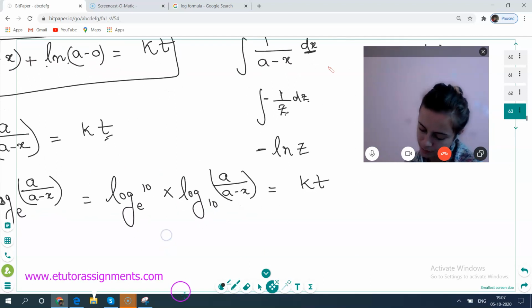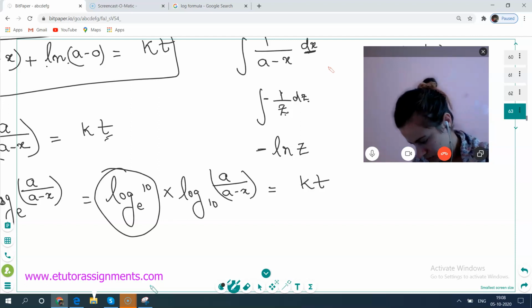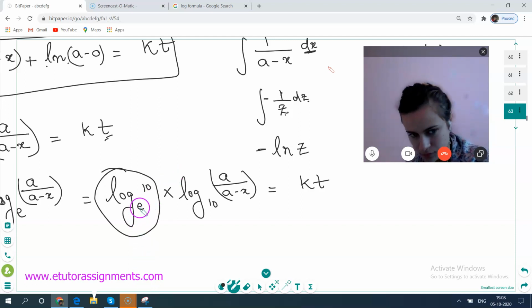Yes. Correct? Now log e 10 is equal to how much? It is equal to 2.303. You can check in your calculator. ln 10, you put it. Because e is there, it means ln 10. Is it there in your calculator or not?